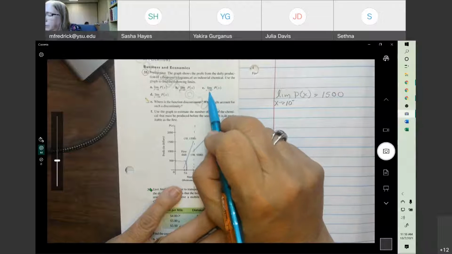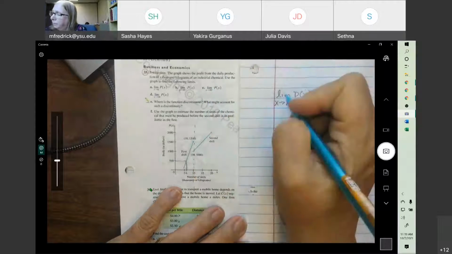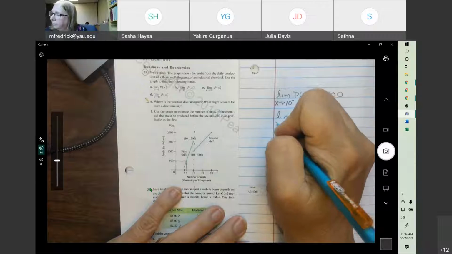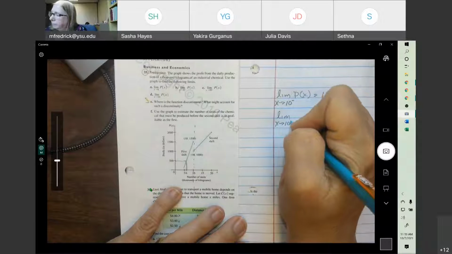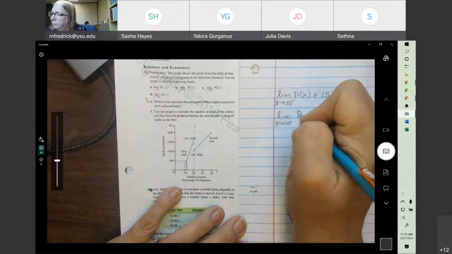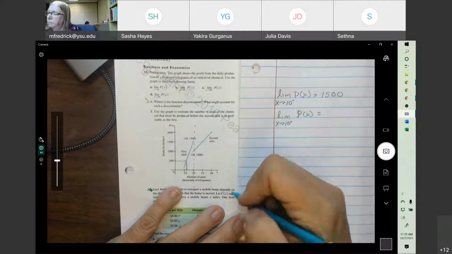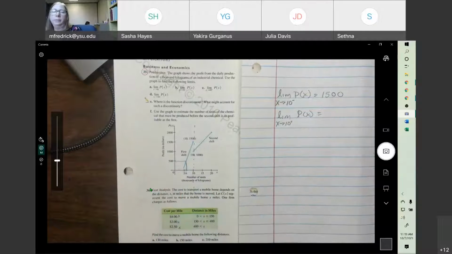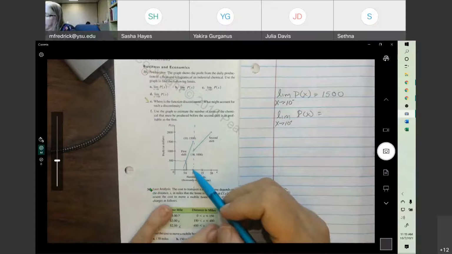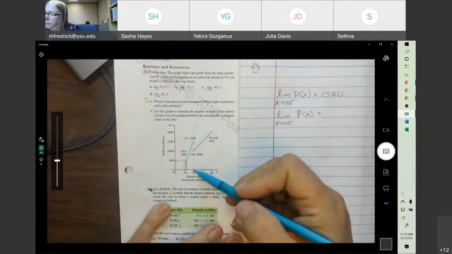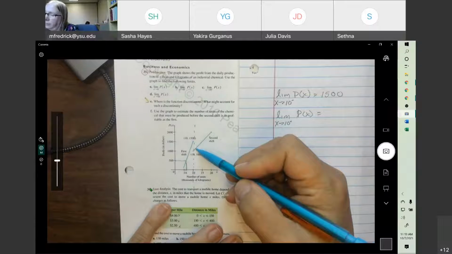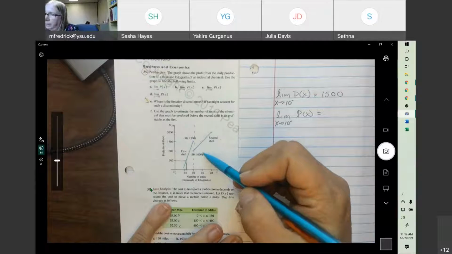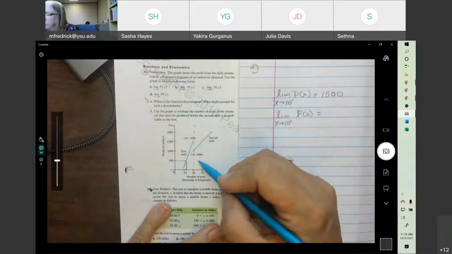The limit as X approaches 10 from the right is what? Does anyone want to say? Would it be 1,000? Yes. We're going a little bit larger, so we're on the right side. Our line is over here, and it's getting close to 1,000.